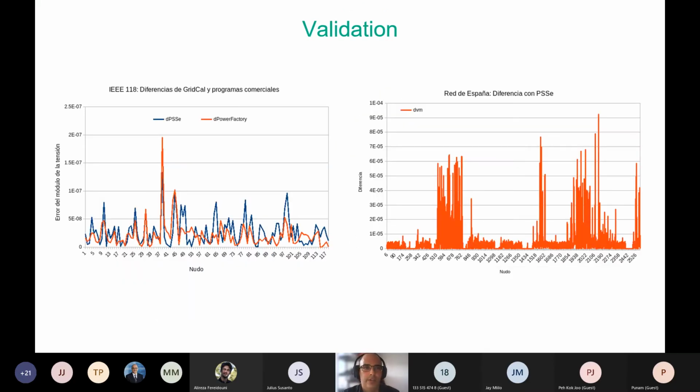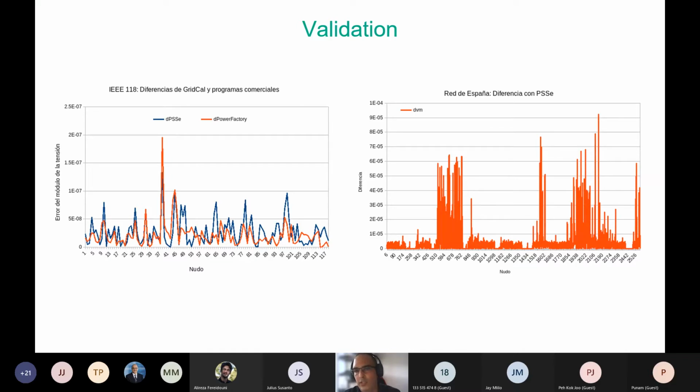Over the years, I've also evaluated the tool, and on the left, we do have the voltage deviations for IEEE 118 with PSS/E and power factor, which agree, but that one is very easy to have the same values. And on the right, we have the grid of the Iberian Peninsula, that is Spain, Portugal, and a bit of France.